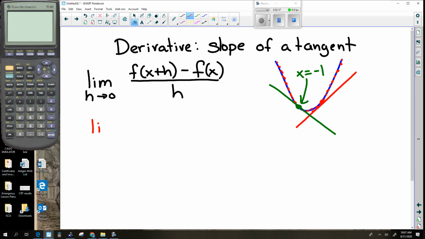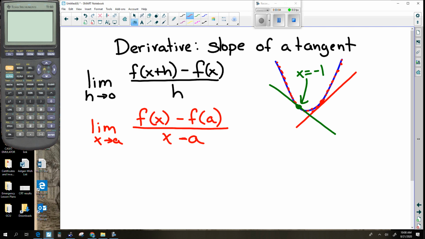The limit as x goes to a. Here's the most basic one. As x goes to a, it'll be f of x minus f of a all over x minus a.